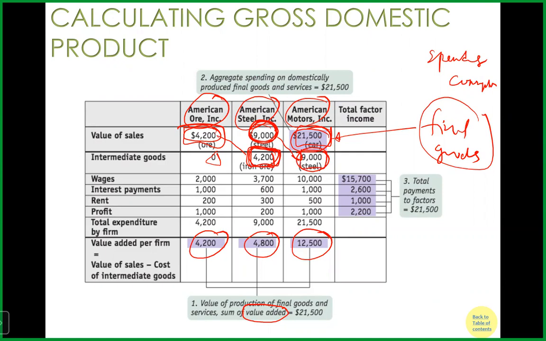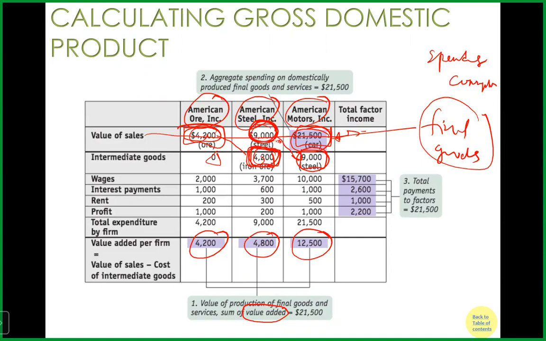If you look at these three numbers, you're going to count the oil three times, and the steel twice. So you're going to be double and triple counting. That's why we look at value added.